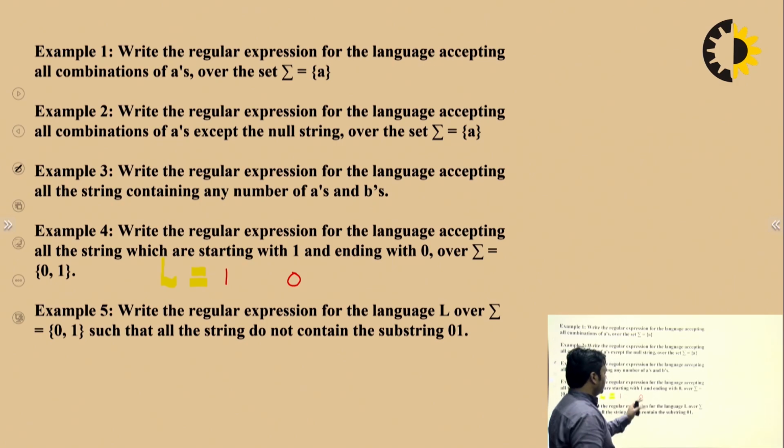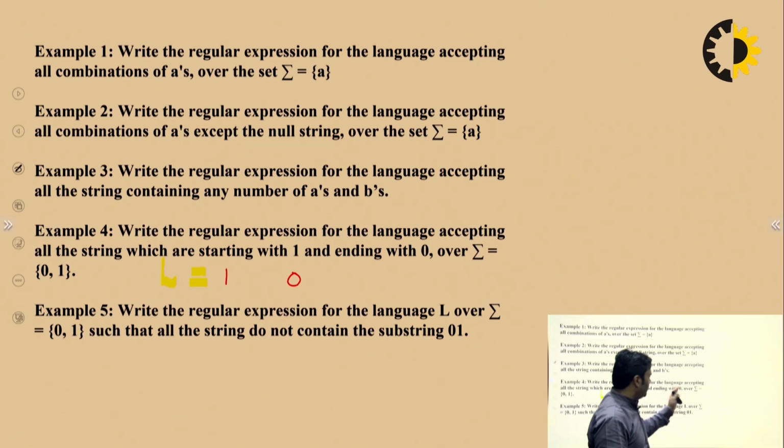The minimum length of the string will be 1 and 0, and in between 1 and 0, any combination of 0 and 1 may occur.